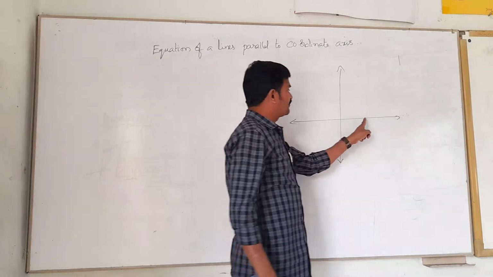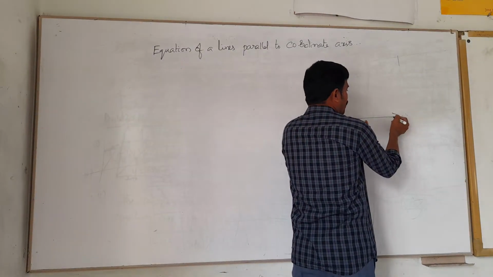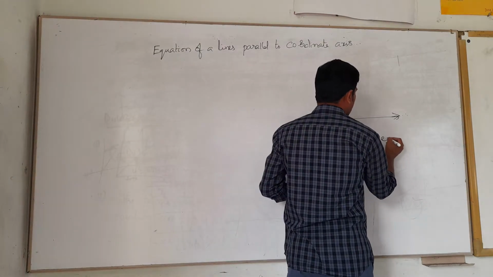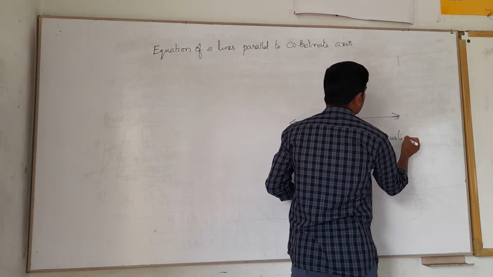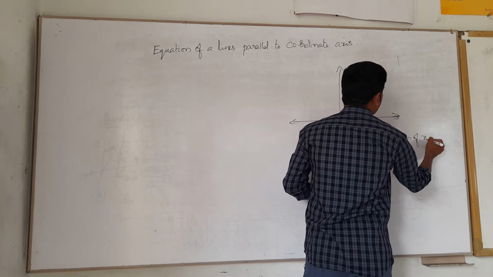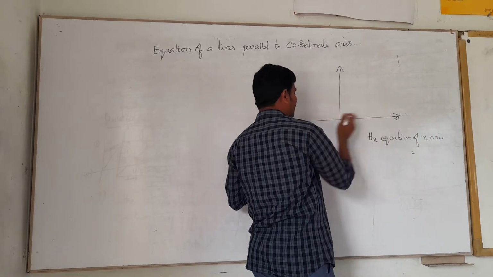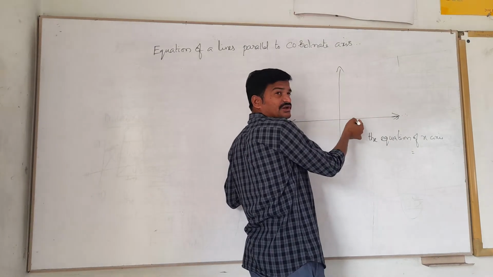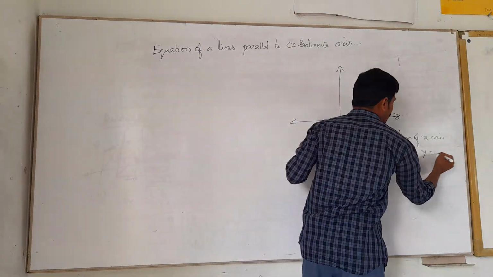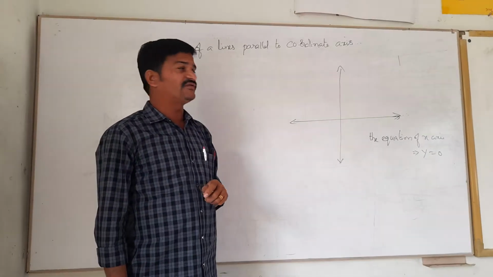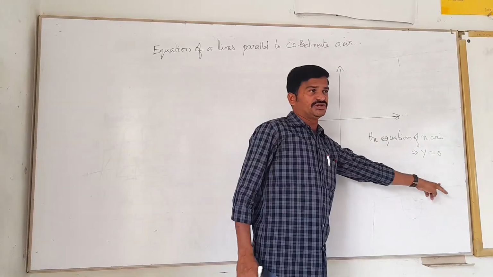What is the equation of x axis? We already did it. Can you remember? On x axis definitely all y coordinates should be zero only, na? So y is equal to 0. The equation of x axis is y equals 0.